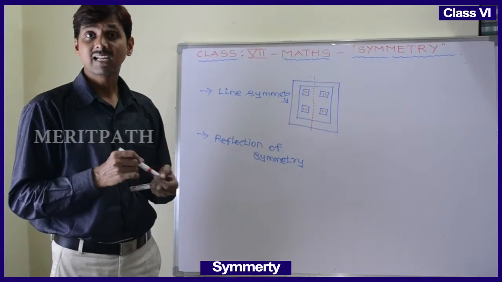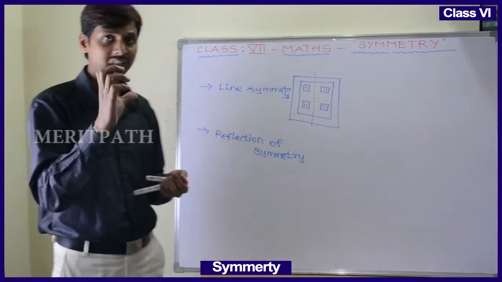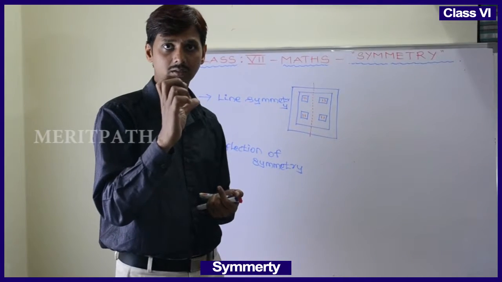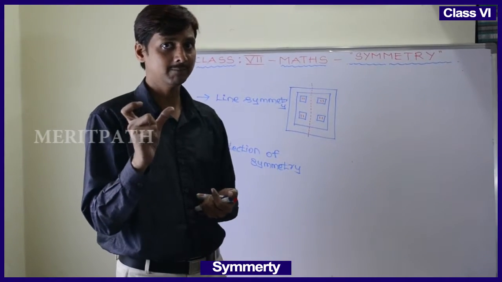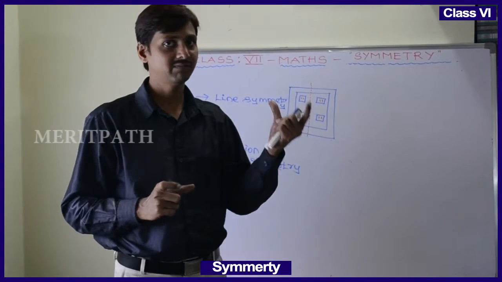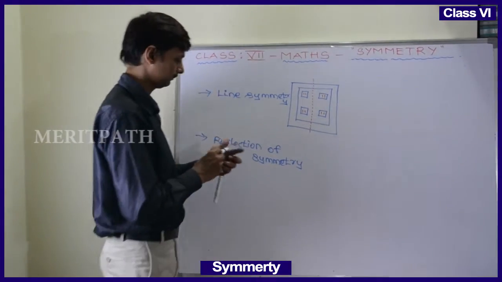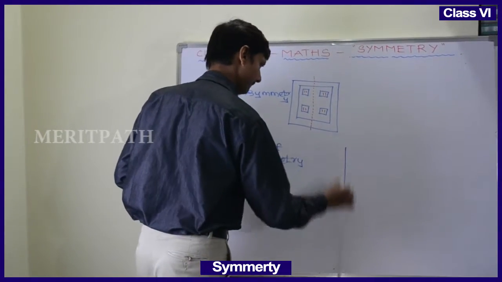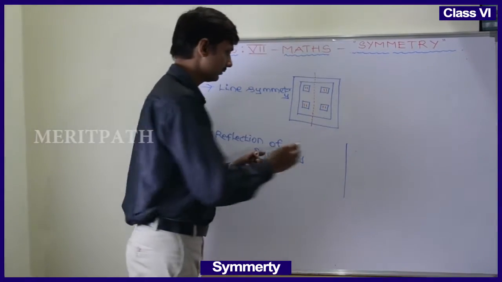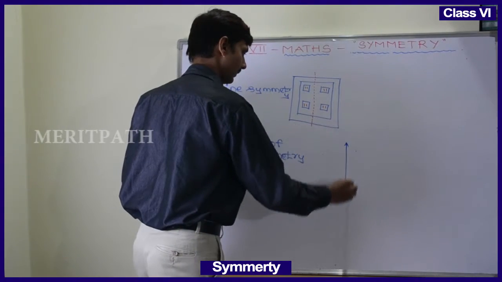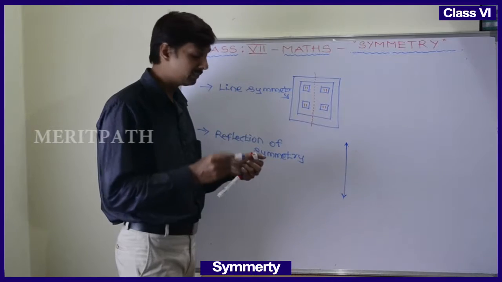Reflection symmetry is nothing but taking an object or picture and placing that object in front of a mirror. For example, this is a mirror. We place an object in front of the mirror.